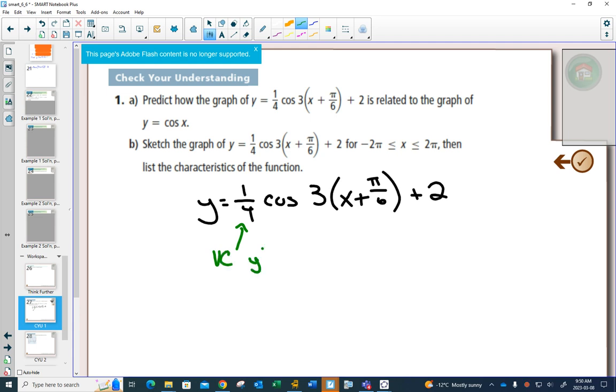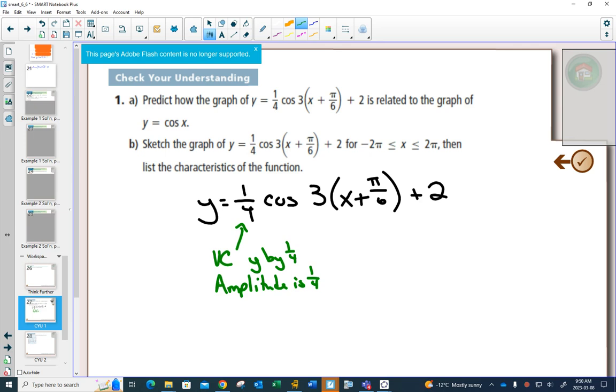We would multiply y by 1/4. In our sinusoidals unit, the A value represented our amplitude. So because this is a 1/4, we know that our amplitude is 1/4.